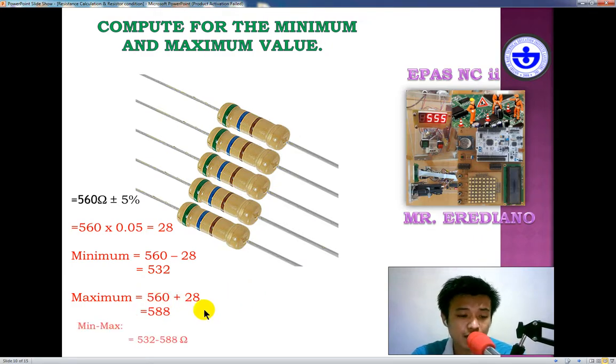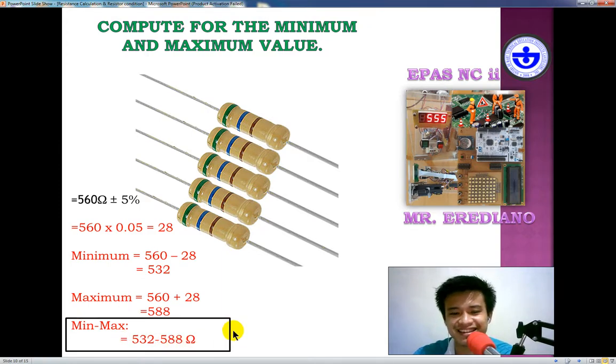So now our minimum and maximum value should be written this way, so for us to have a uniform answer. So we have here 532 up to 588 ohms. So this is our minimum and maximum value. Okay, so that is how you are going to compute for the minimum and maximum value of your resistor. From the color code value, get the percentage of this value.